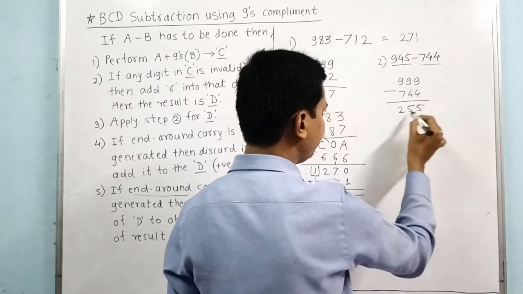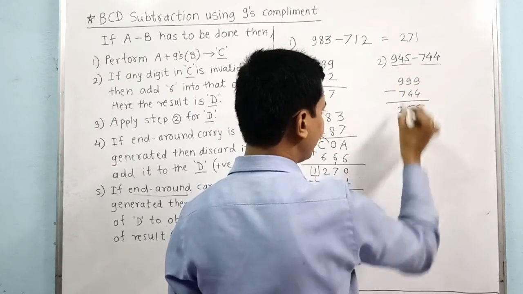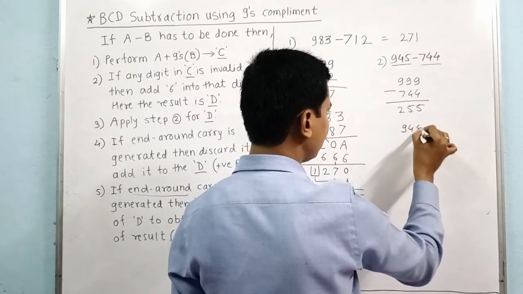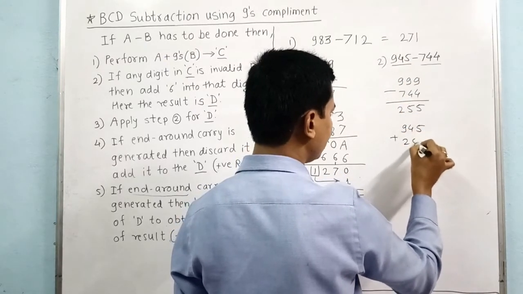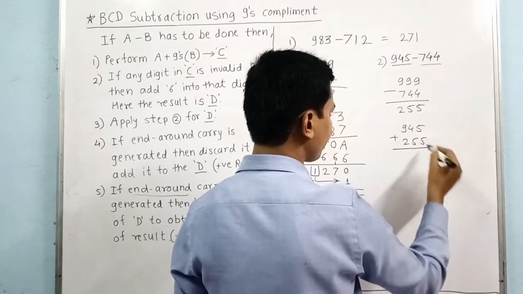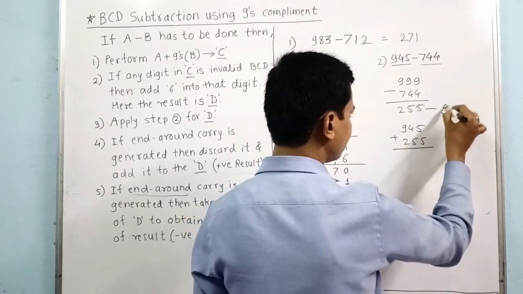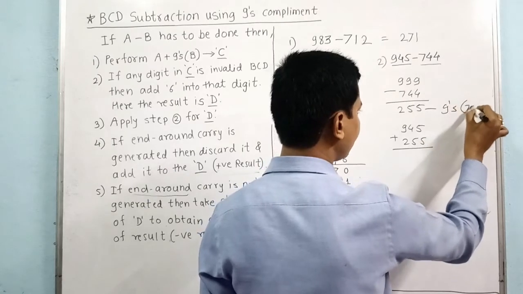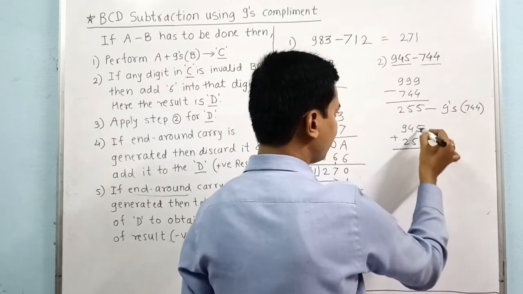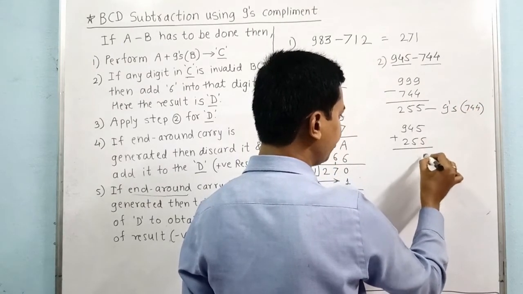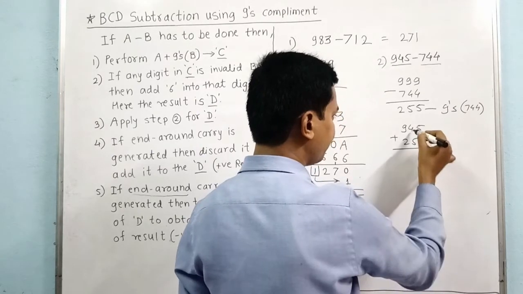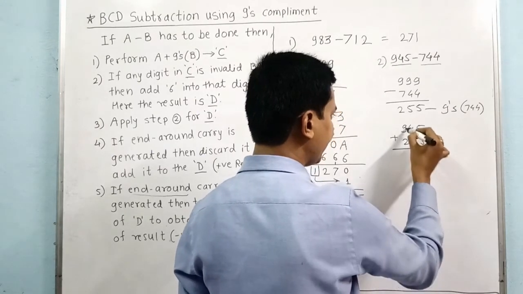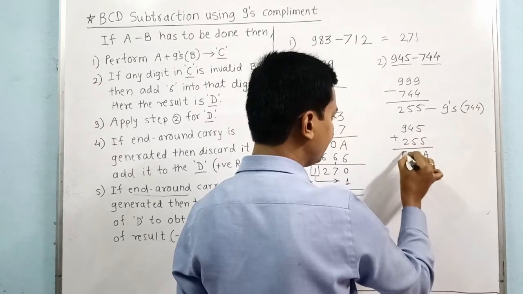This will be added to 945, plus 255, which is the 9's complement of 744. So 5 plus 5 is 10, 10 means A. Then 4 plus 5 is 9, then 9 plus 2 is 11, 11 means B.